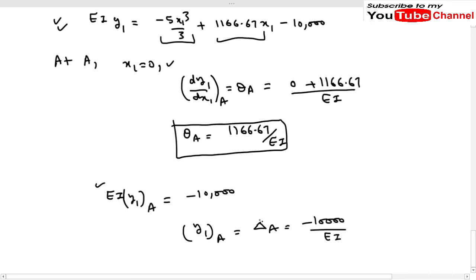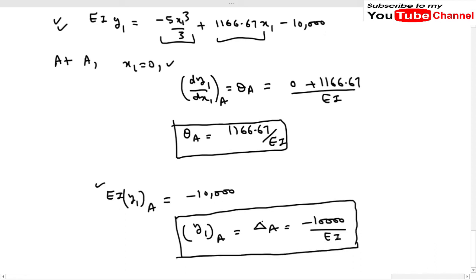In this way you can find out the slope and deflection at any point on this beam, because we have got the constants and we also have the elastic curve equations. So this is the way you solve the problem having discontinuous loading.